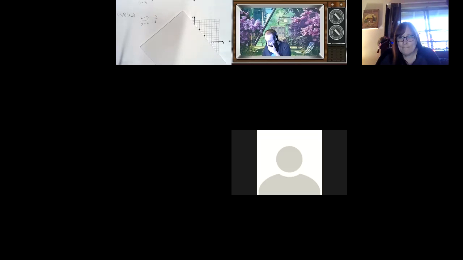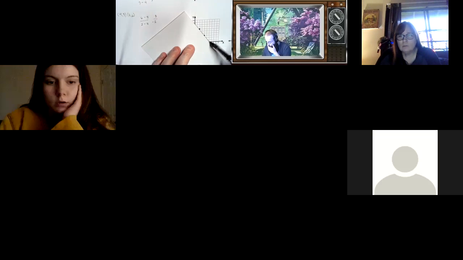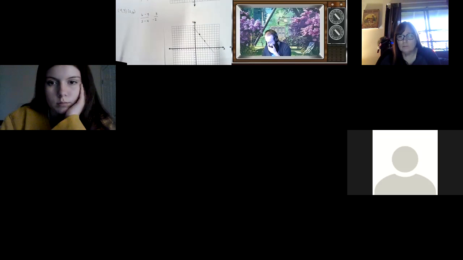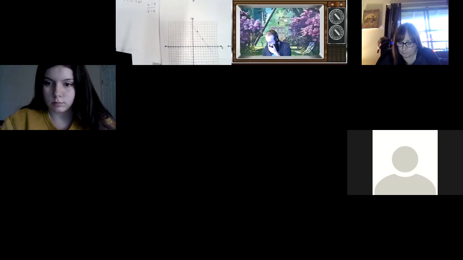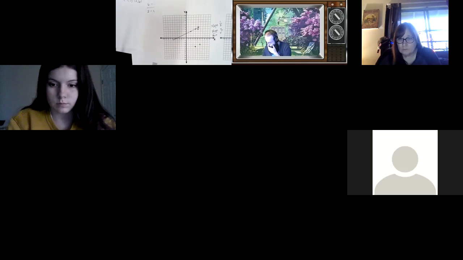And let me draw a line here just for fun. I'm so bad at drawing these. I never get them lined up quite right. So what's the difference about this line? This line up here was positive.